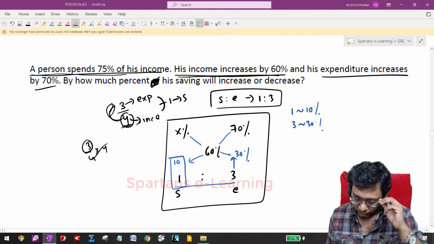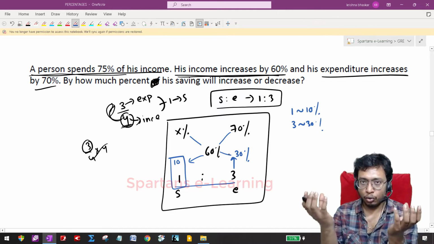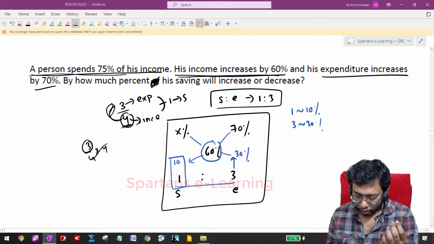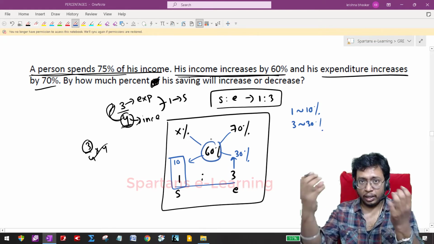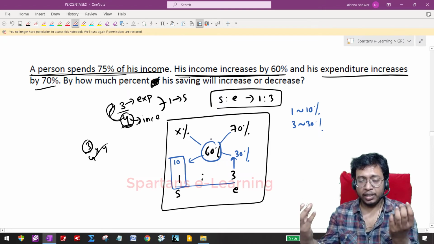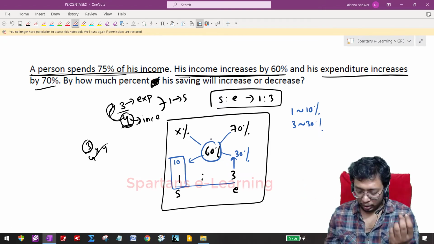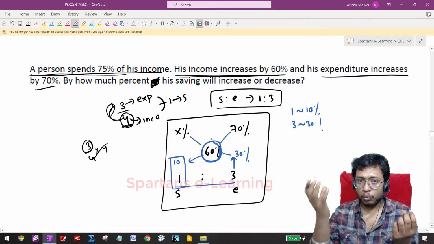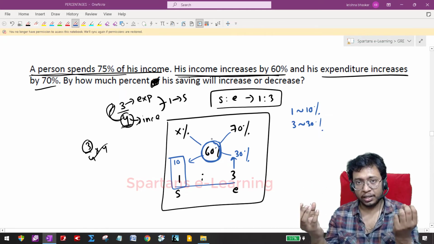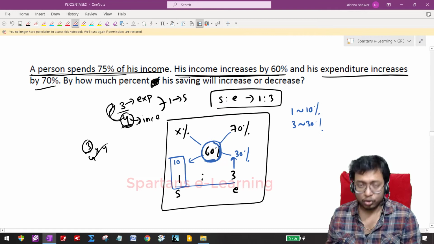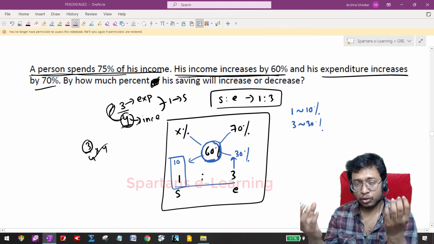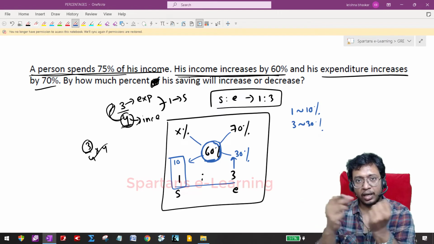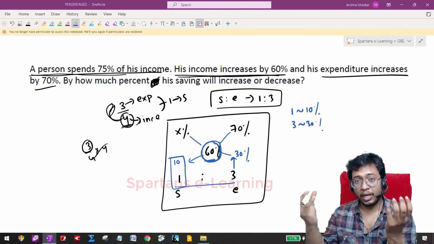Now always in mixtures, when you mix two entities, you get some average between them, right? Your resultant will always be in between the extremities. What I mean to say is, this 60 will be greater than one entity and lesser than the other entity. It should not be greater than both.